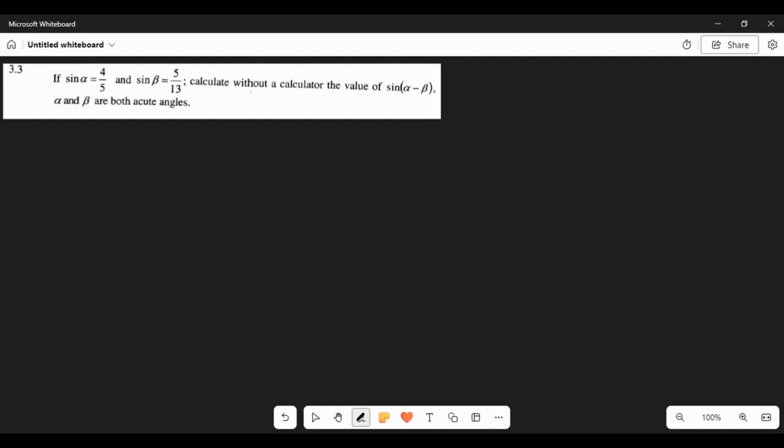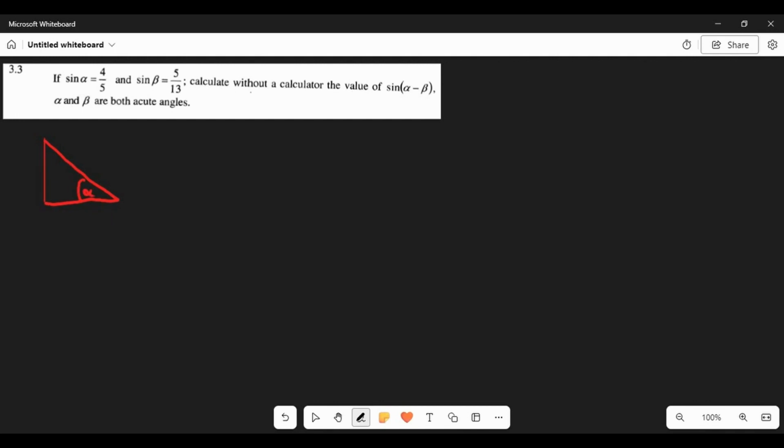So here guys, we have two triangles, one that has alpha and the other one that has beta. So the best way of doing this is to draw those triangles. So let's start with the first one, which is going to have our alpha. So this one has alpha.